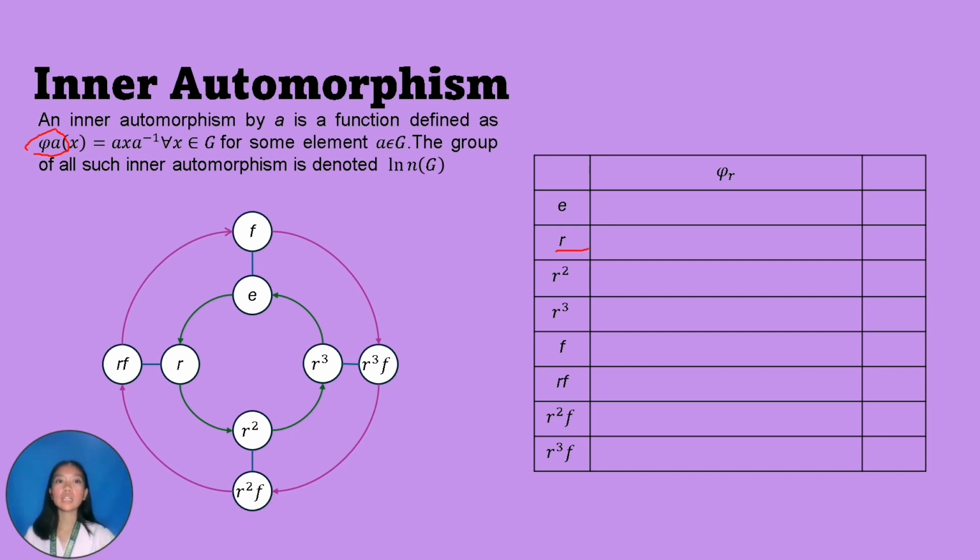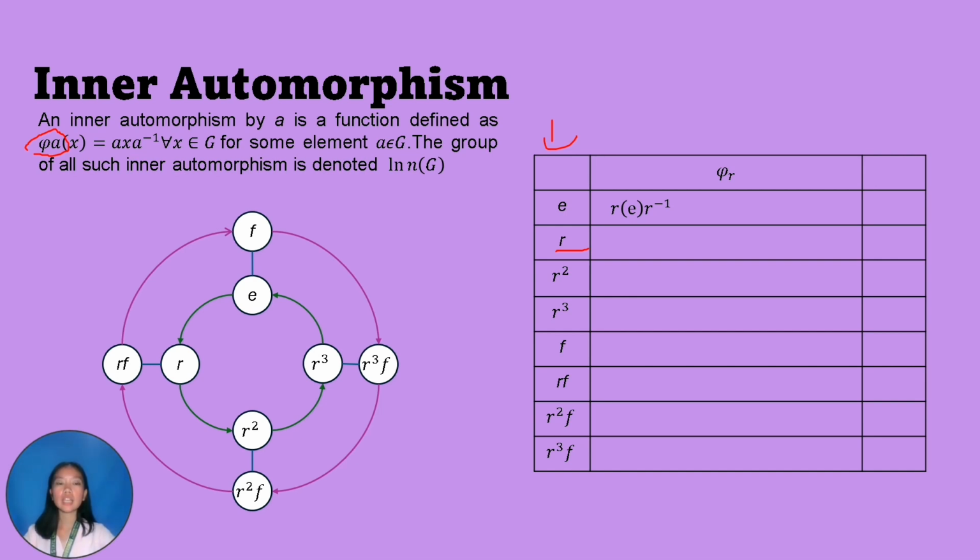Again, this is function composition. So for each of these elements, I'm going to multiply by R and its inverse, and we're going to see if anything happens.